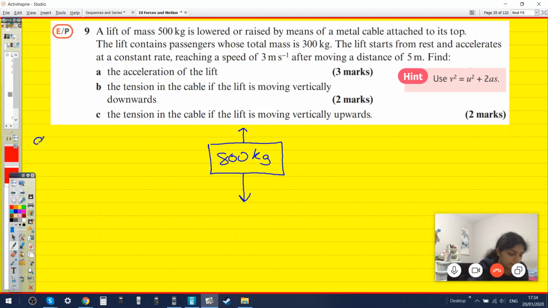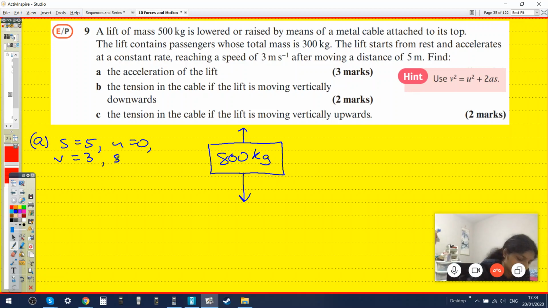So S is equal to 5. U is equal to 0. V is equal to 3. You want S, and you don't care what T is.